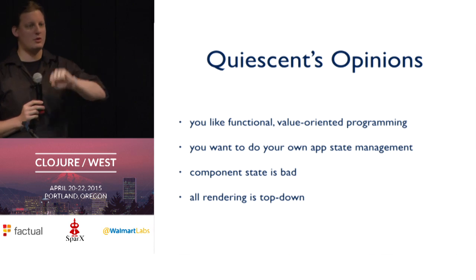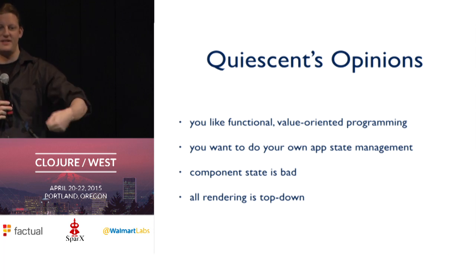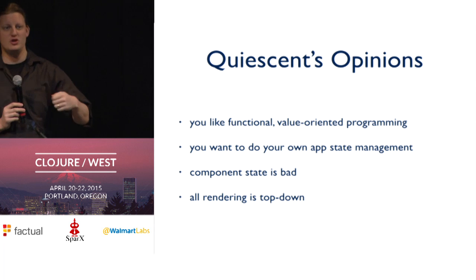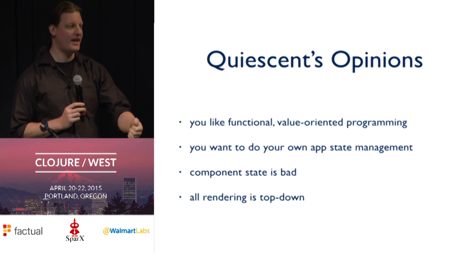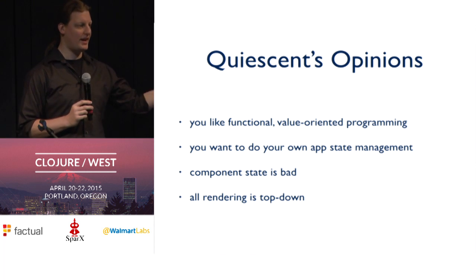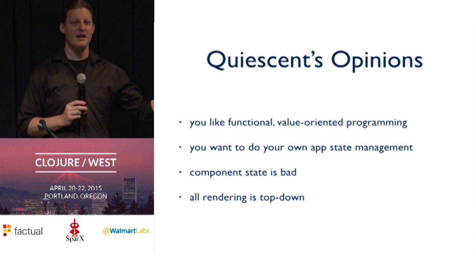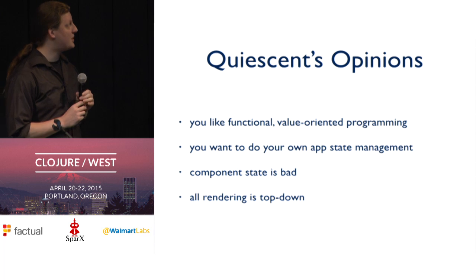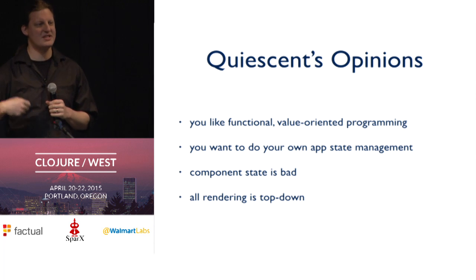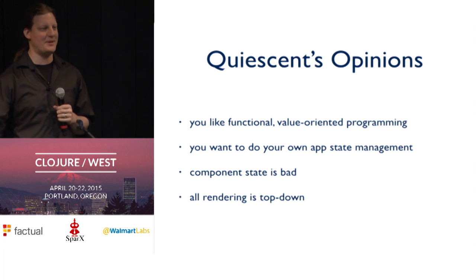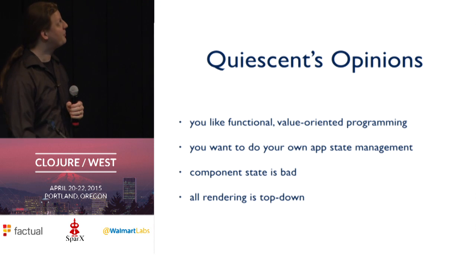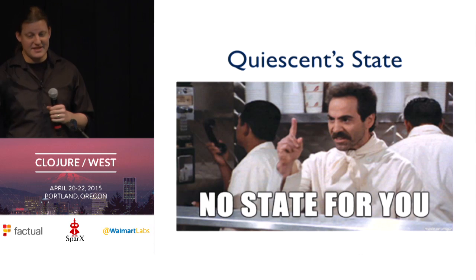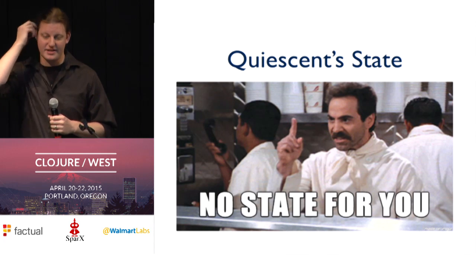You have your state, re-render it into a view. Your components have no activity that's happening automatically. There's no reactivity happening except from that top level. I want to apply my view function to my state and get a new view. And that's why it's called Quiescent, because it doesn't do anything reactively. Nothing happens unless you explicitly tell it to. It doesn't give you state. It just doesn't unless you work with values.